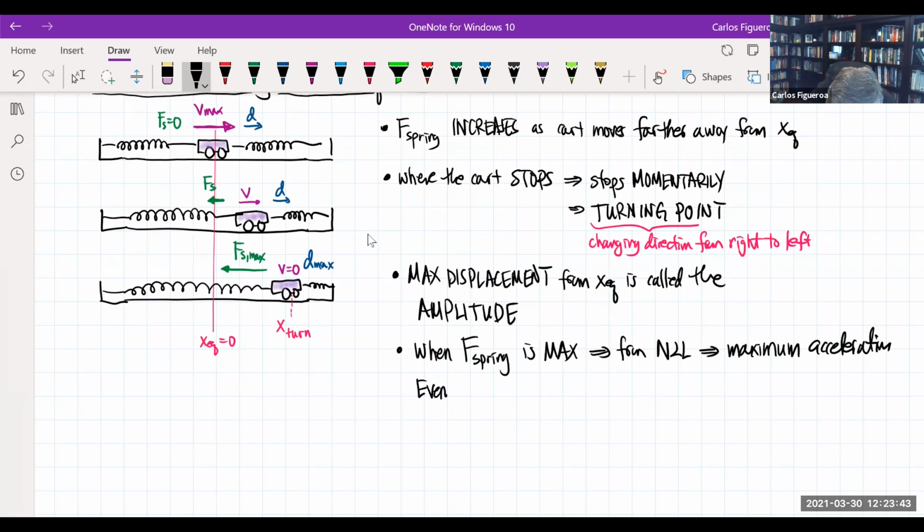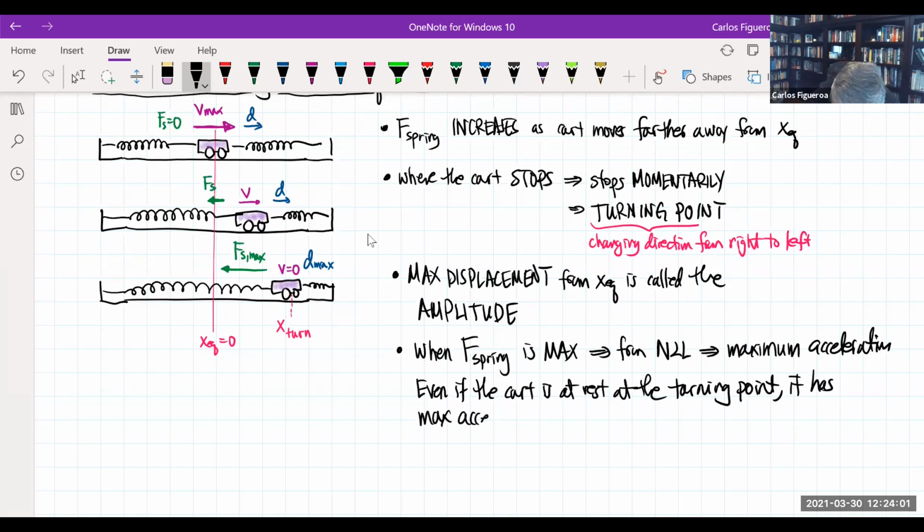Even if the cart is at rest at the turning point, it has maximum acceleration, because Newton's second law says that the net force is proportional to the acceleration. So I can have 0 speed and maximum acceleration.